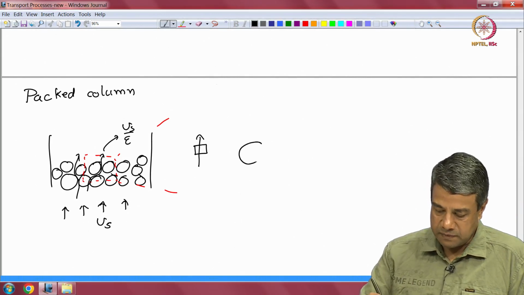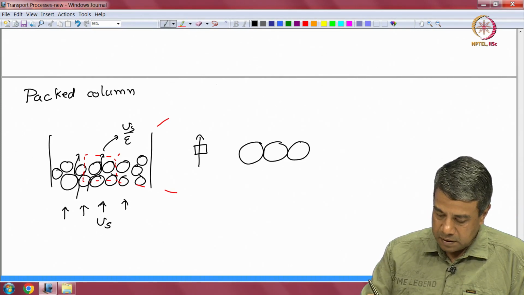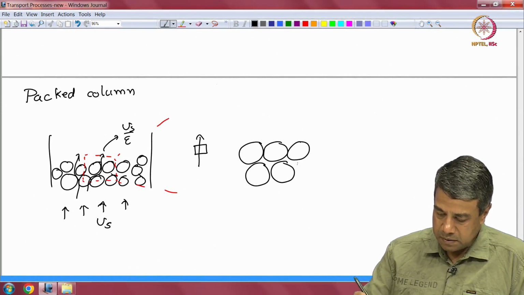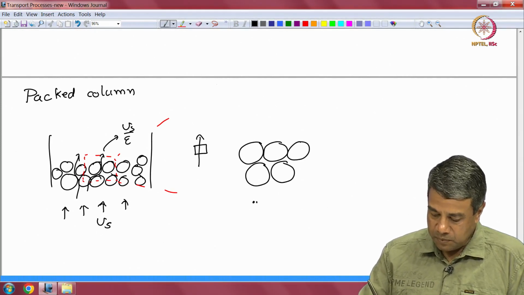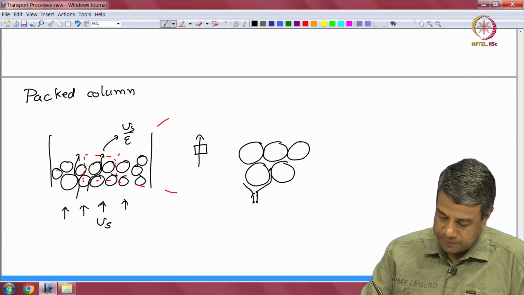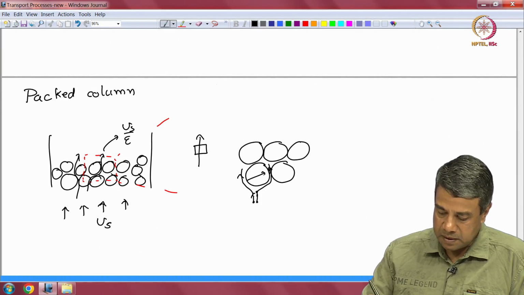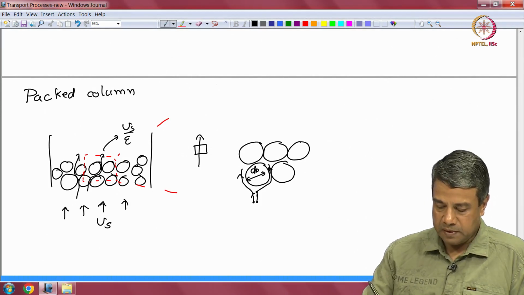Okay, because if the fluid has to pass, two points close to each other that are coming in, as they flow around a particle, they get separated by a distance comparable to the particle diameter. Okay.